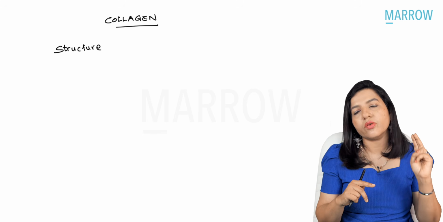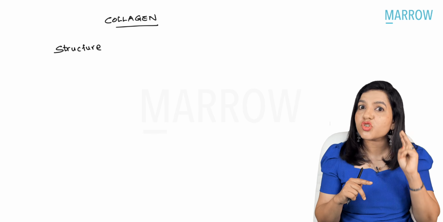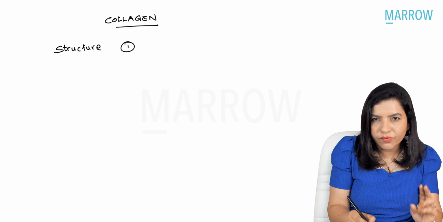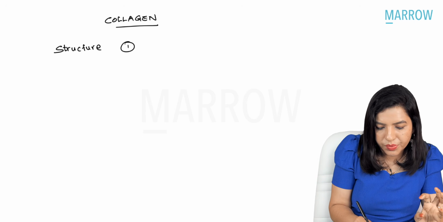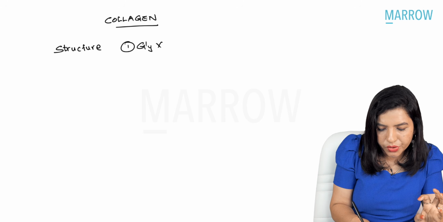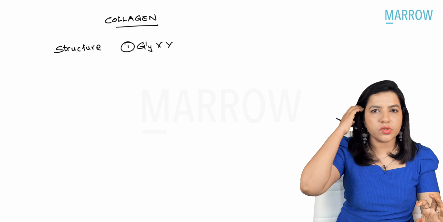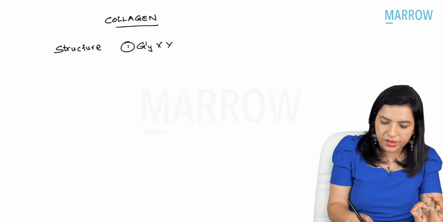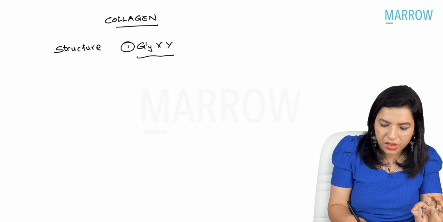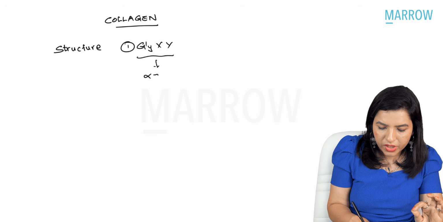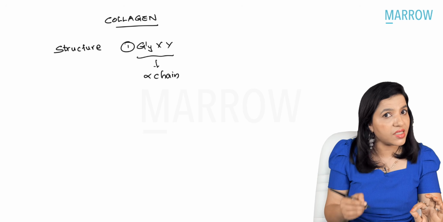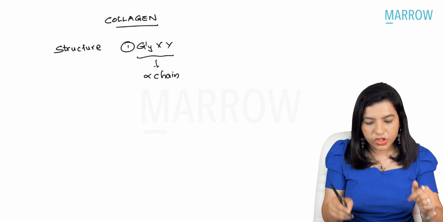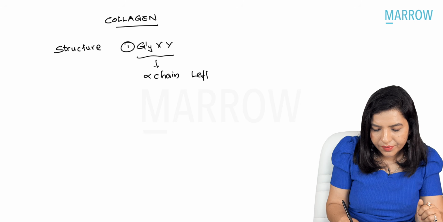The second most important thing in collagen is its structure. Very important terms that you should learn: one which I've already told you, the glycine-X-Y repeat. This is the primary structure of collagen, and this glycine-X-Y repeat forms an alpha chain, not an alpha helix. You know, an alpha helix is a right-handed helix, but this alpha chain is left-handed.